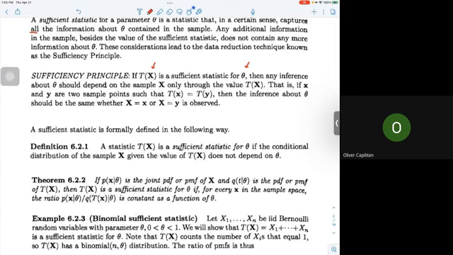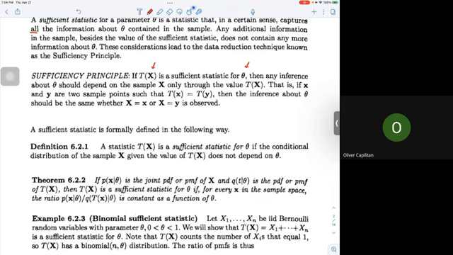Then any inference about the parameter theta should depend on the sample X only through the value of the statistic T of X. That is, if we have sample points X and Y such that the observed value T of X is equal to T of Y, then the inference about the parameter theta should be the same, whether the bold sample X is observed or the bold small sample Y is observed.